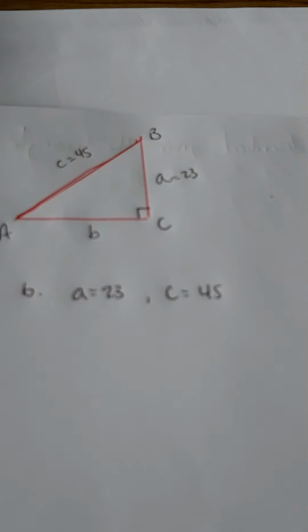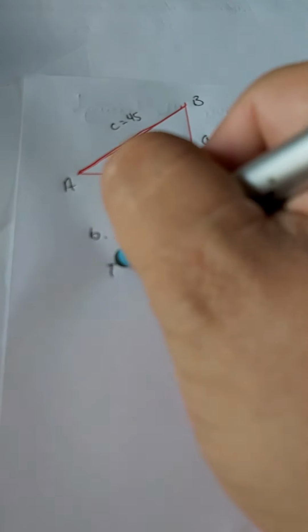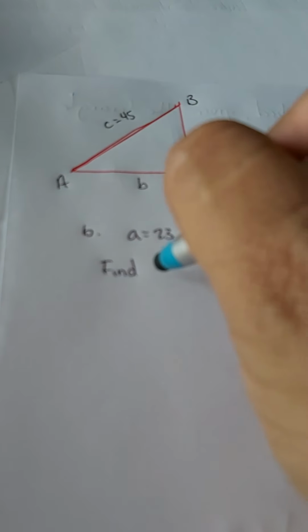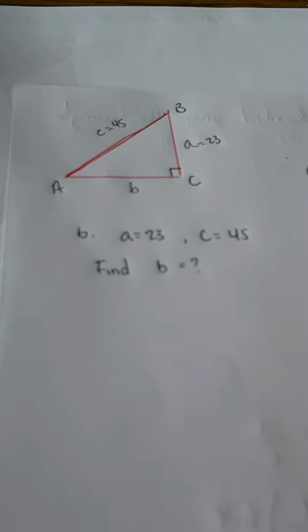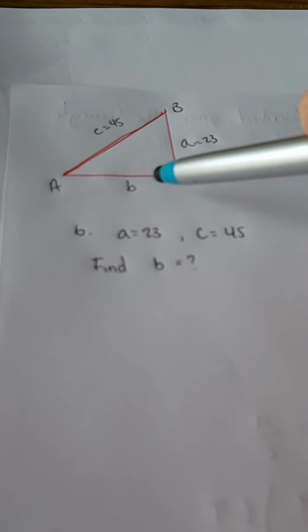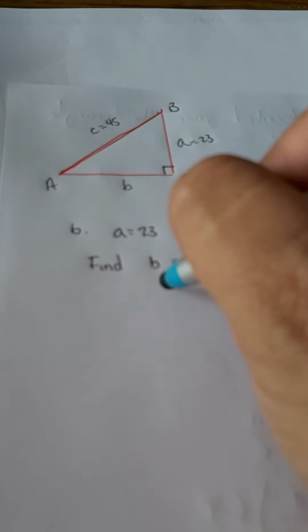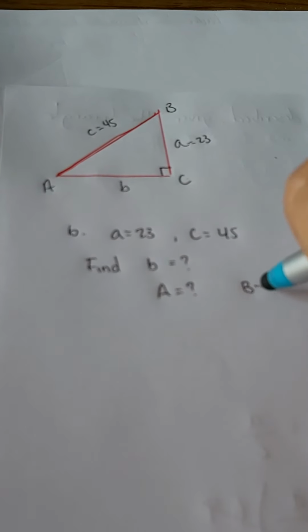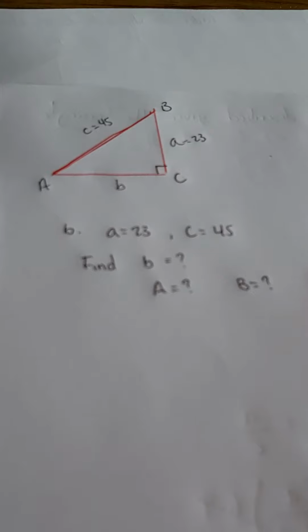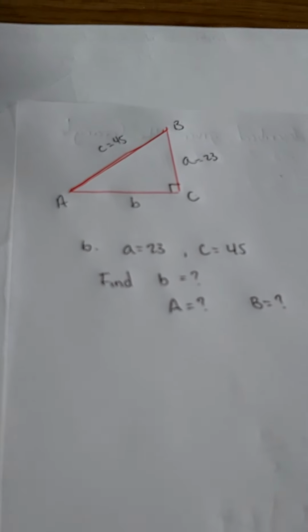Okay? So what are we looking for? To solve that triangle, we have to find side B, right? We need to find side B, and we need to find angle A and angle B, because we know angle C is 90 degrees because it is a right triangle.